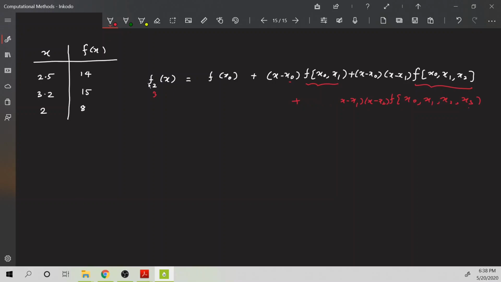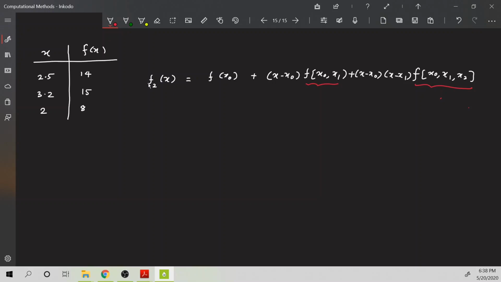This is a second order problem where you just have to use second order or quadratic interpolation.